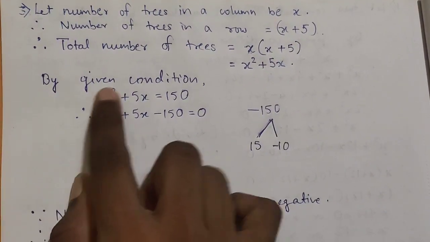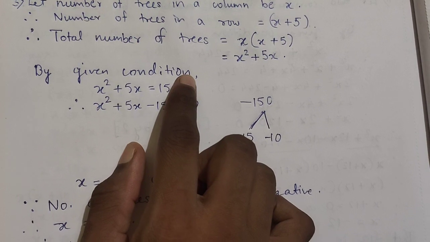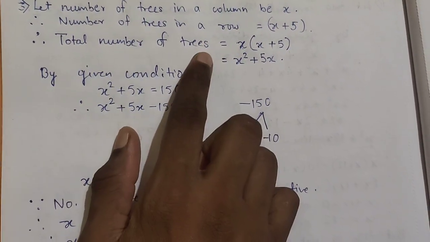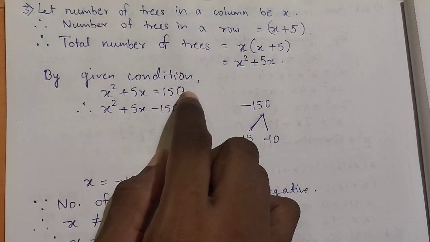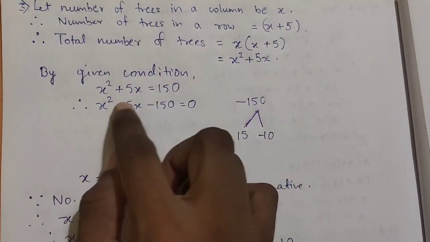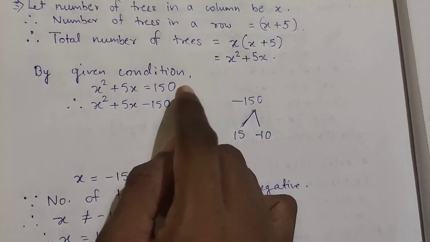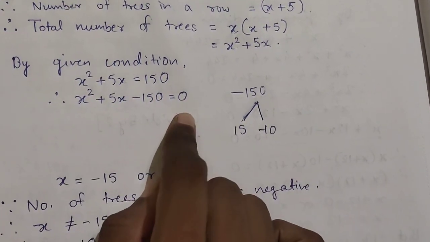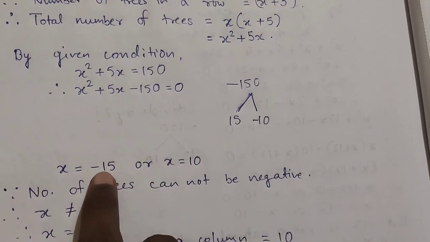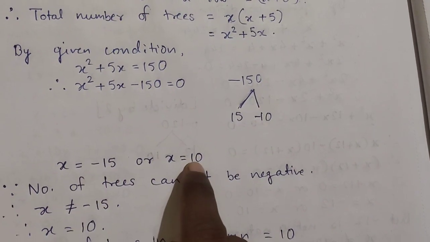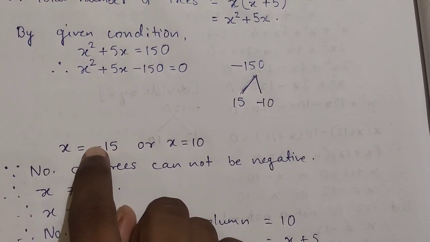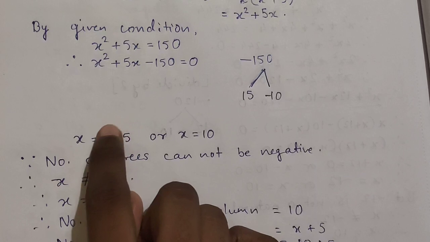Now we have used the condition which is given in the question. What is there in the question? Total number of trees in the garden was 150. So these two must be equal, because this is also total and 150 is also total. So by using that we have made our equation, and after solving you are going to get minus 15 and 10. And you know minus 15 cannot be taken because your number of trees cannot be negative.